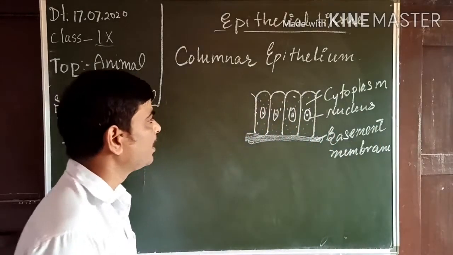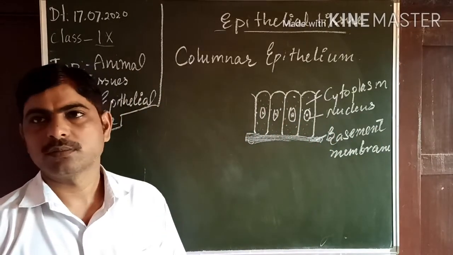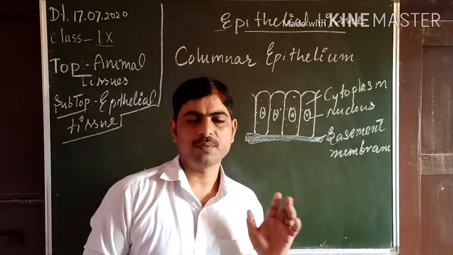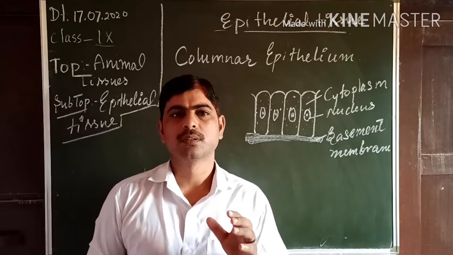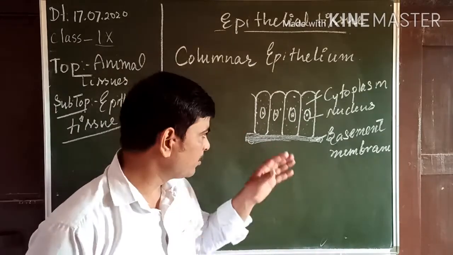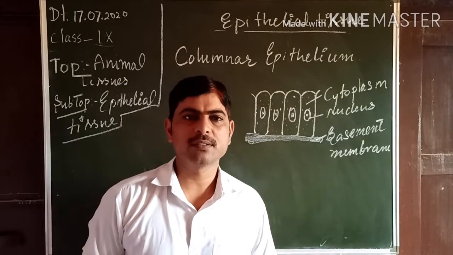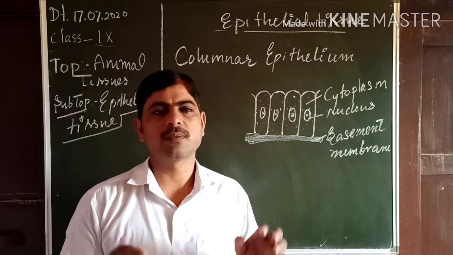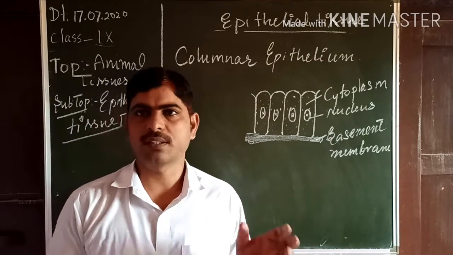Their shape is that they are taller than wide. Their nucleus is elongated. The rest of the characteristics are the same.